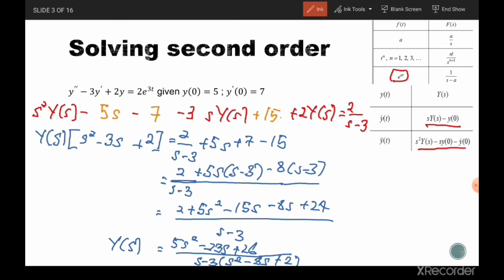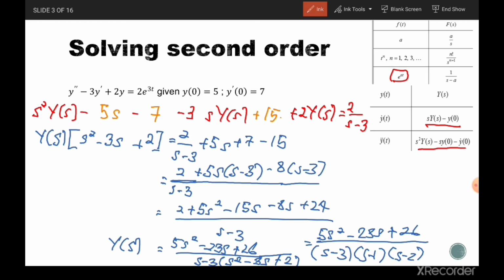After we determine this, we need to inverse. But before we inverse, what we can do is the partial fraction. Here we have the factors s minus 1 and s minus 2, and s minus 3.